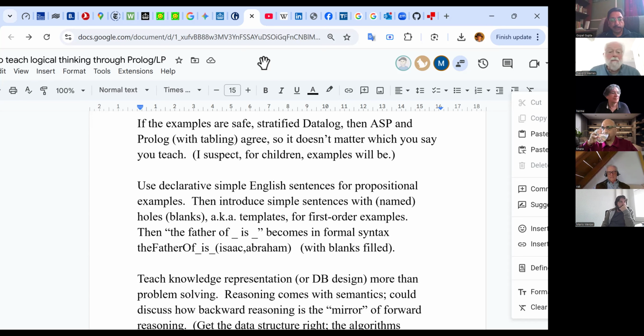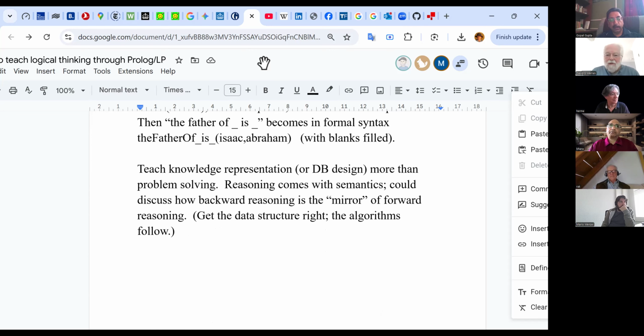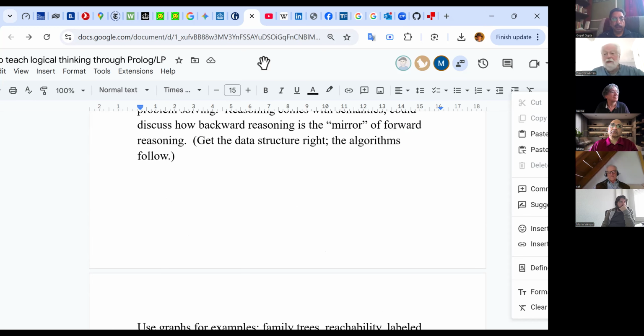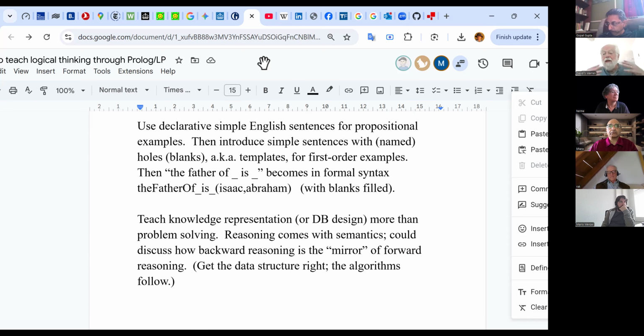Okay, so for the question about English, and whether we use a formal language or English, the way I would approach it is I would say, yes, we're doing English, and we talk about simple declarative statements. Then you create a predicate by pulling noun phrases out of simple sentences, like the father of X is Y. You'd say the father of David is Henry.